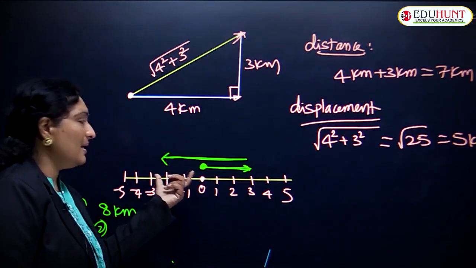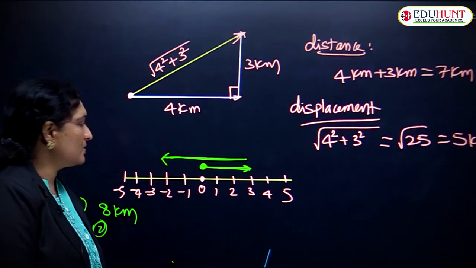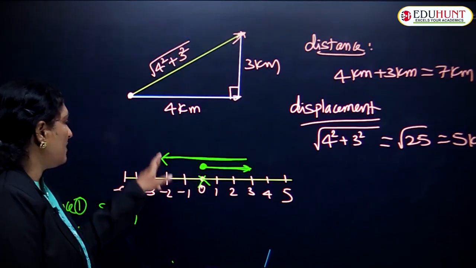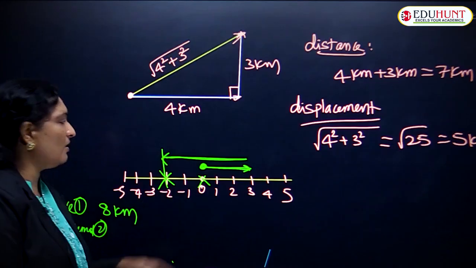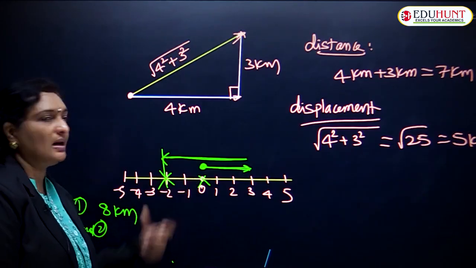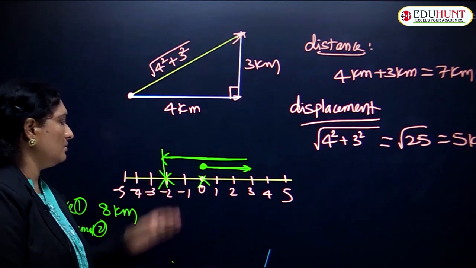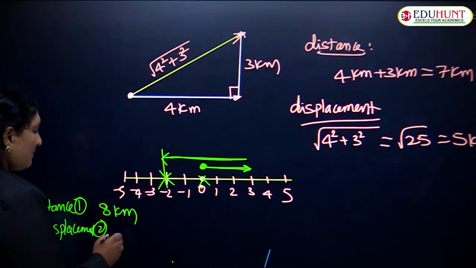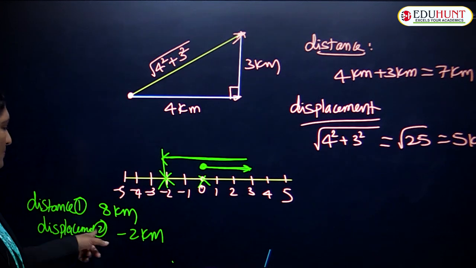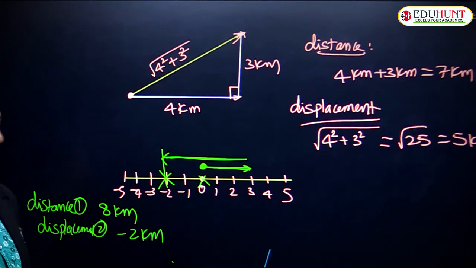The length from initial to final position. So, where was his initial position? Here. And where was his final position? Here. What is the length from initial to final position? 0 to minus 2. It is minus 2 kilometers. In this case, displacement is minus 2 kilometers, whereas distance is 8 kilometers.